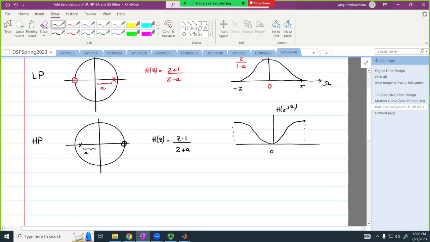So this is H of e to the j omega. This is 0, and similar to what we've done before, what is the gain at this point here? What is the magnitude at this point? Okay, I'll write it and you tell me why.